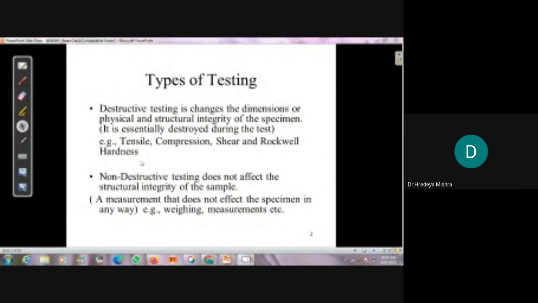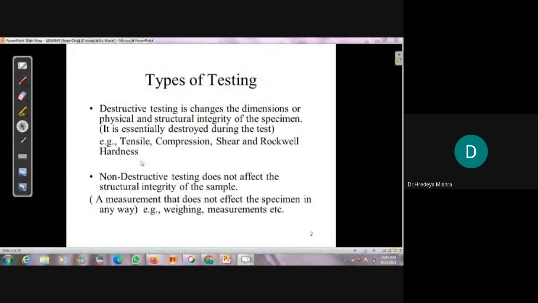Tensile and compressive tests are conducted to measure the strength of the material. In the shear test we can check the strength against shear force, and we can check the hardness of the material with the Rockwell test.